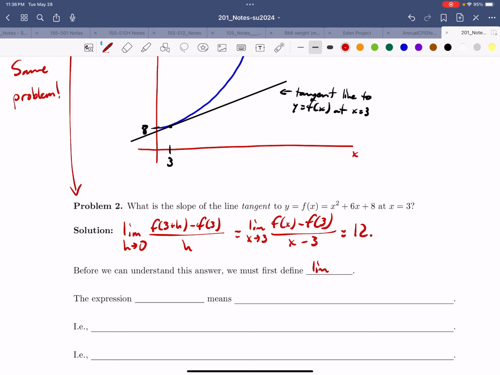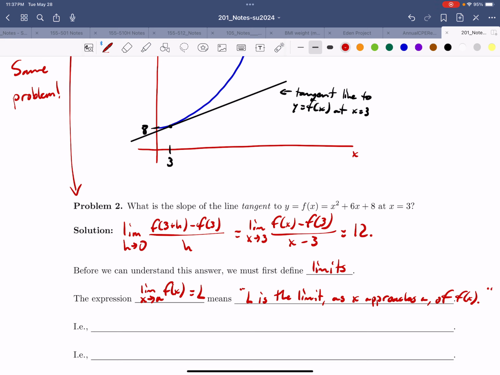First, we have to define limits. So the expression lim as x approaches a of f of x equals capital L means L is the limit as x approaches a of f of x.